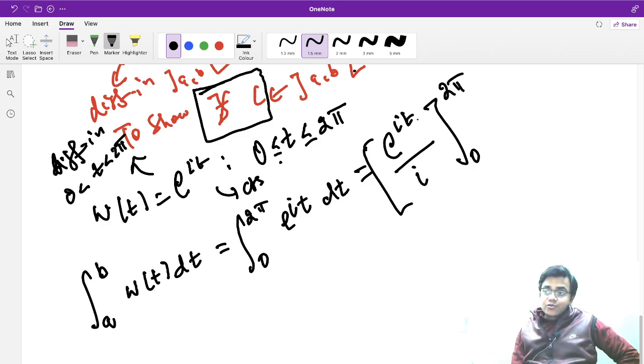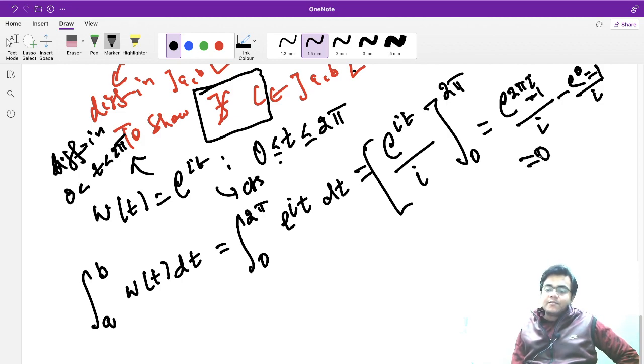That is e to the power 2 pi iota by iota minus e to the power 0 by iota. You can see this is 1, this is 1 as well, so 1 minus 1 is going to become 0.